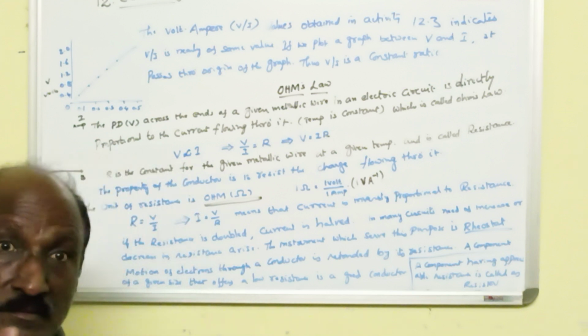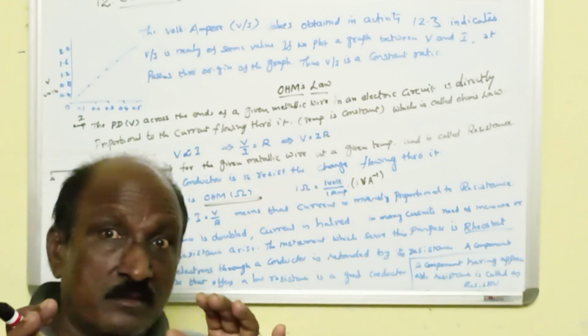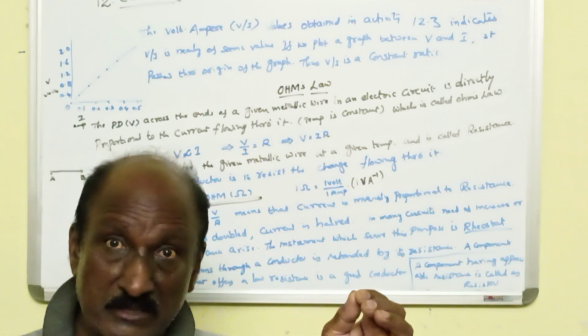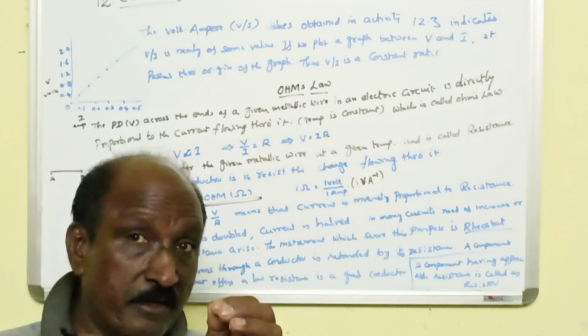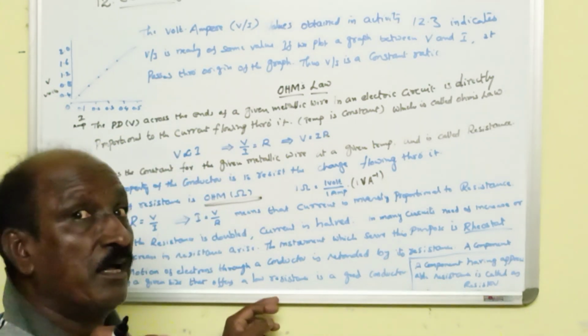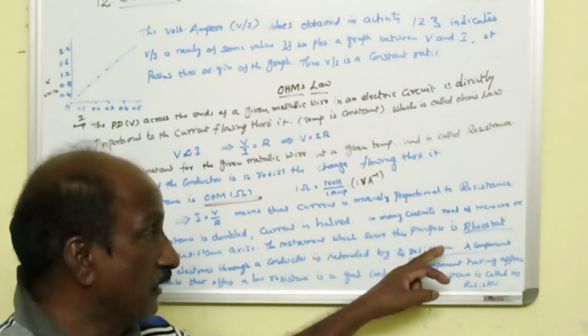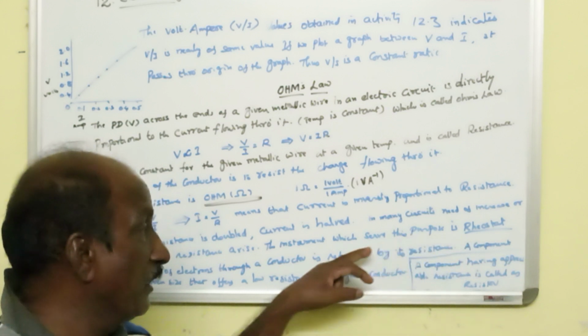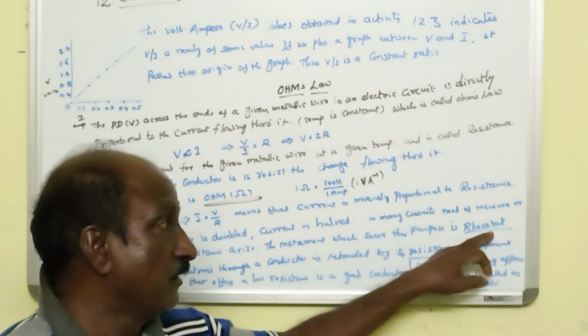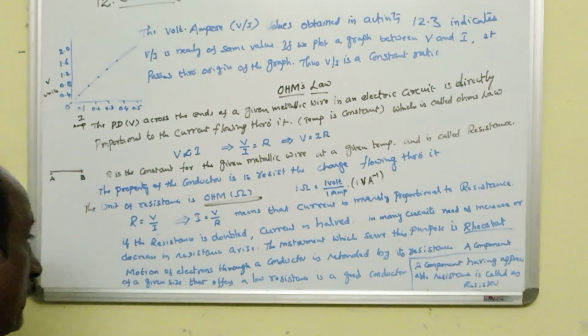So we are not able to arrange a number of resistances in series or in parallel like that. There is one particular instrument which serves this purpose, the rheostat. It is known as a variable resistor. This is known as a rheostat.